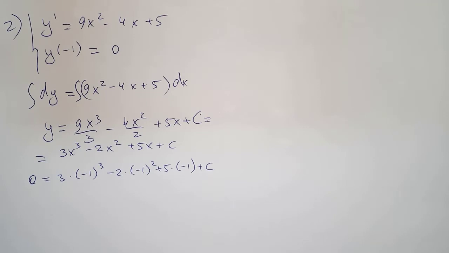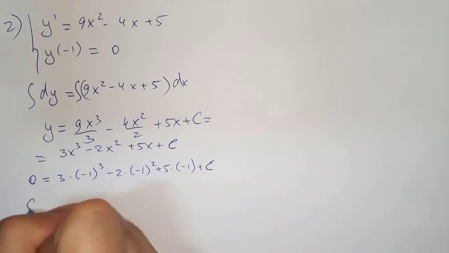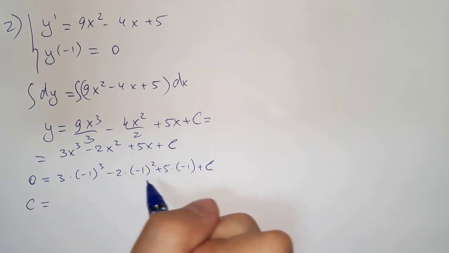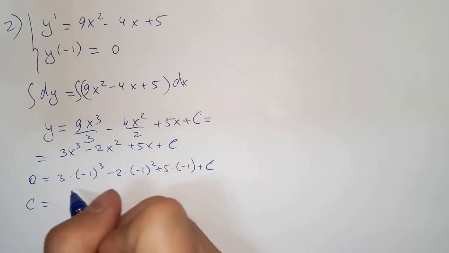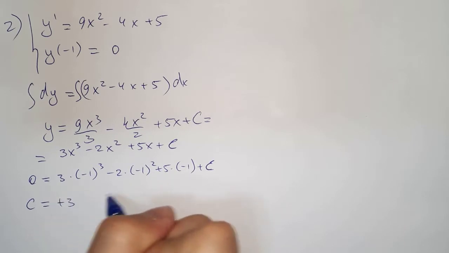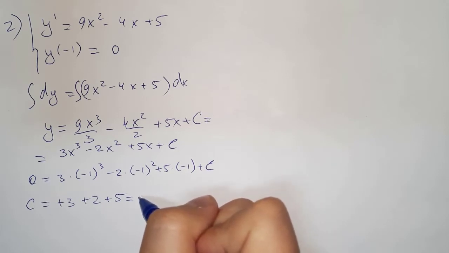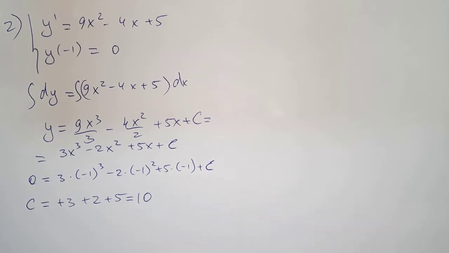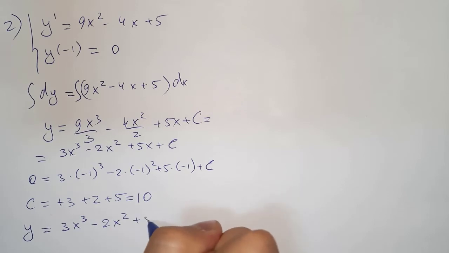And we solve this equation with respect to the constant c. Moving all these numbers to the left side, it will be minus 3, so plus 3, plus 2, and plus 5, and it is 10. So c equals 10. When we write our answer, y is equal to 3x cubed minus 2x squared plus 5x plus 10. This is the solution of our differential equation.